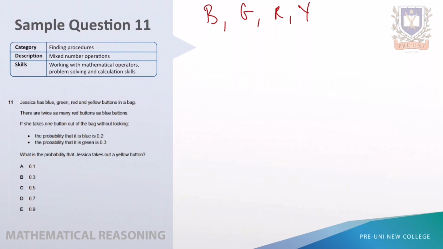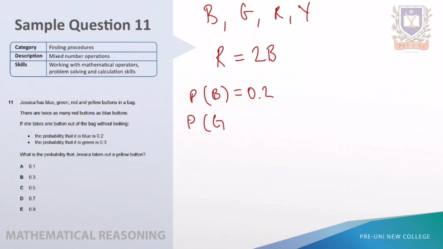In the second sentence, we are told that there are twice as many red buttons as blue buttons. So with this information, we can say that one red button would equal the number of two blue buttons. Then we are also told the probability of picking out a blue button is 0.2, and the probability of picking out a green button is 0.3.